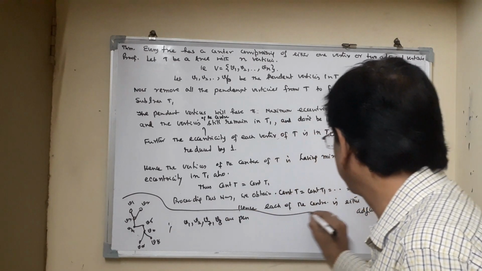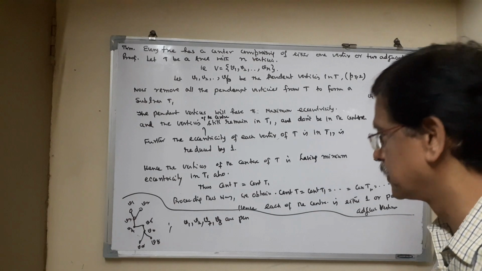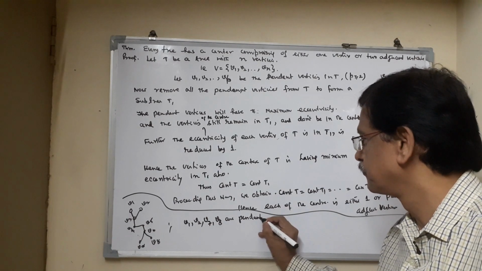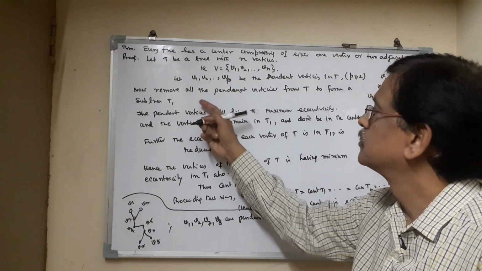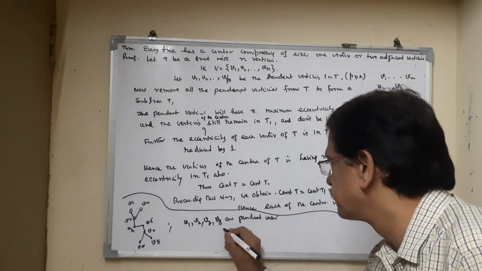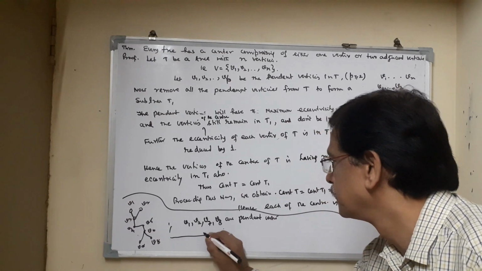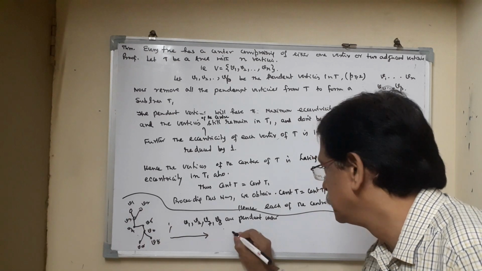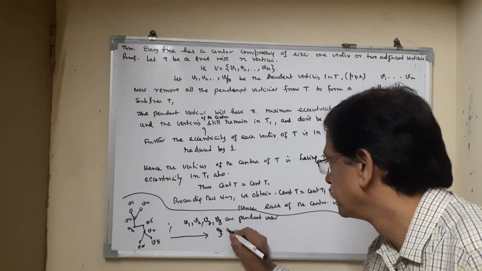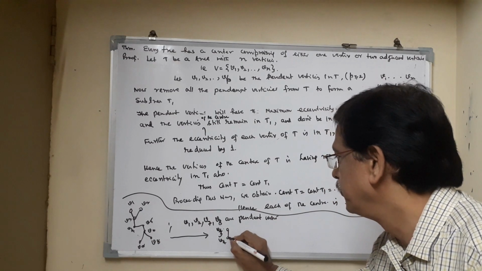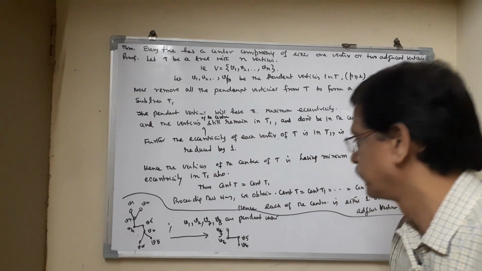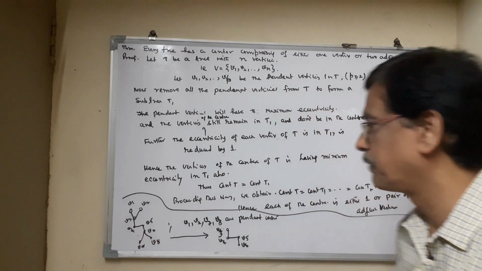The proof is over here. Now I am just giving an explanation. V1, V2, V7, V8 are pendant vertices, so remove them. When you remove them, what do you get? I am removing these two, so I will get V3, V4, V5, V6, because V7, V8 are pendant, degree 1.